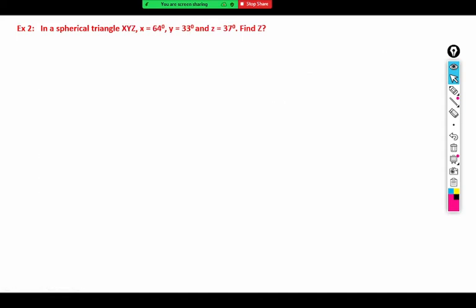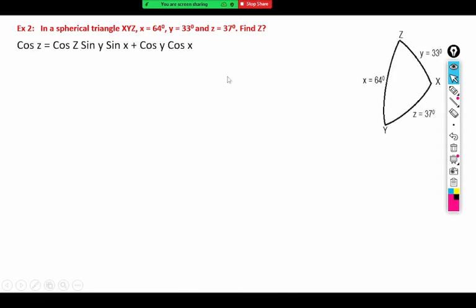So example 2, in triangle XYZ, we have to find out capital Z and small x, y, z are given. Let us check whether the diagram is correct or not. Yes, small x, y, z are written and capital Z we have to calculate, correct? So the diagram is correct.